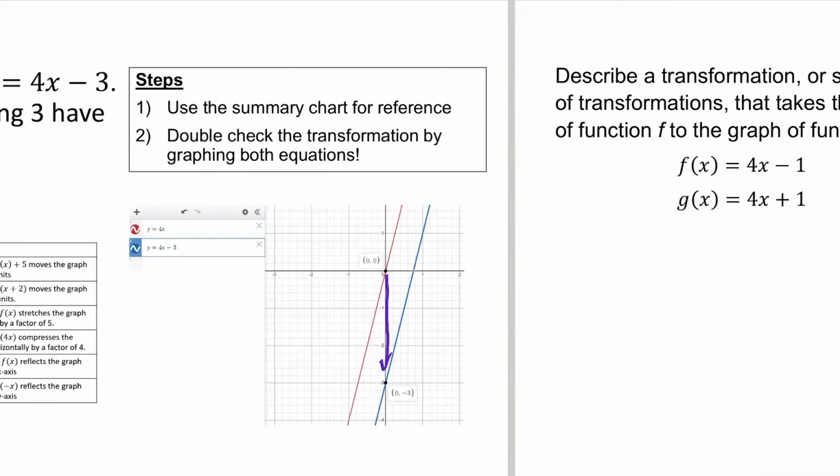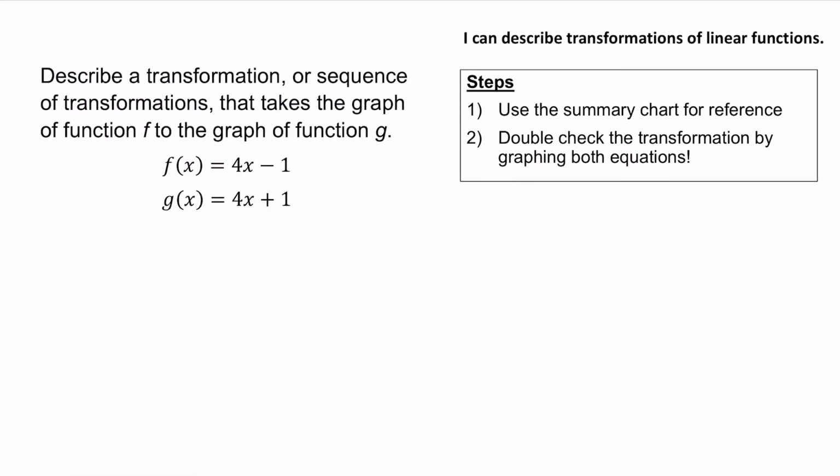So what if we have a sequence of transformations that goes from f to g? In this case, f(x) equals 4x minus 1, and g(x) equals 4x plus 1. What happens? This minus 1 became a plus 1, so that means that I added 2 to my graph.